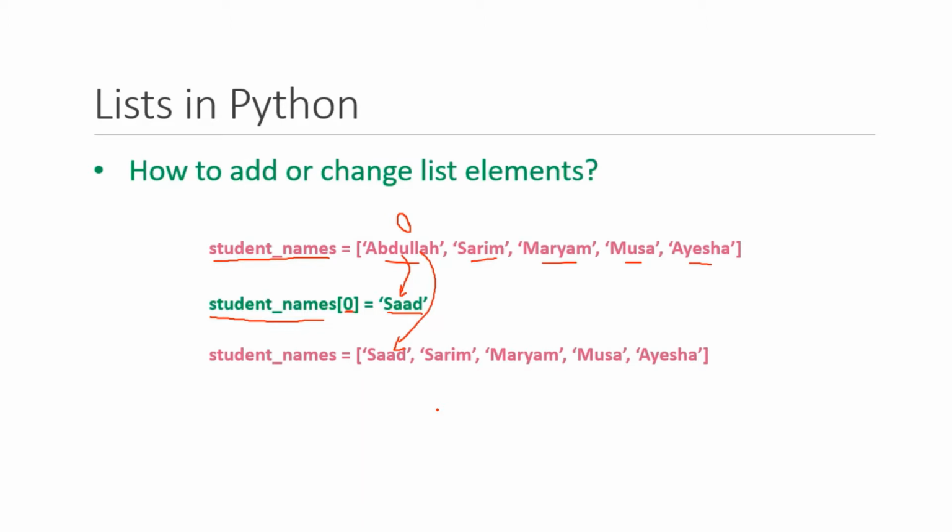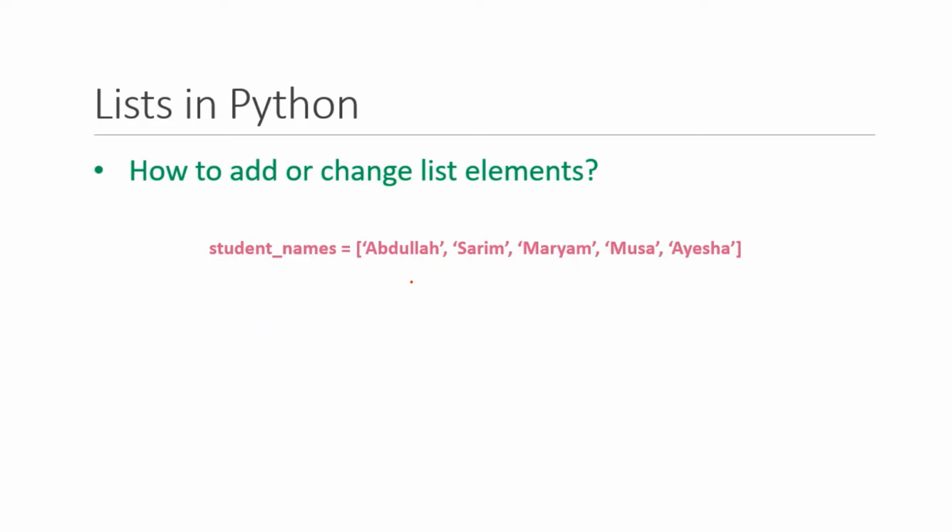Now let's say you want to keep this Abdullah as well as you want to add this Saad in the list. So for this purpose, what you will do, you will use this append function. You will write the name of list, student names, then dot, and then this append function, and in this append function you will pass this value.